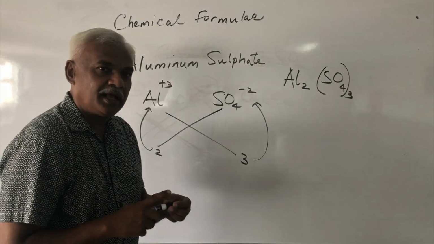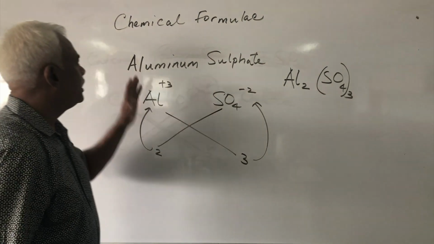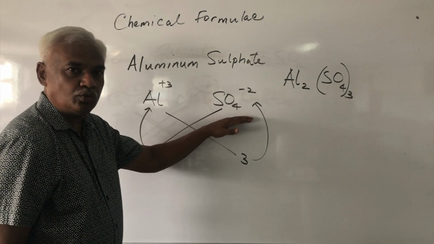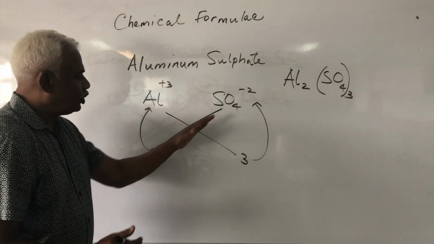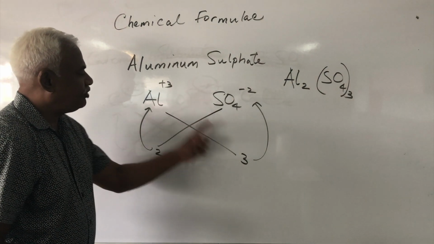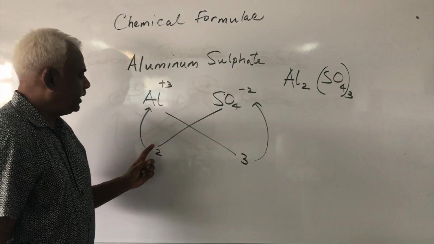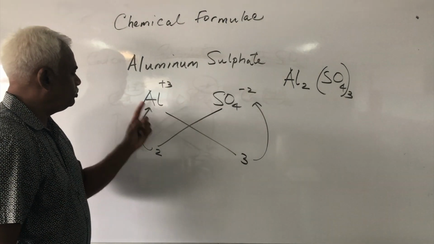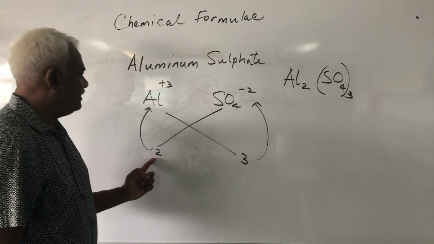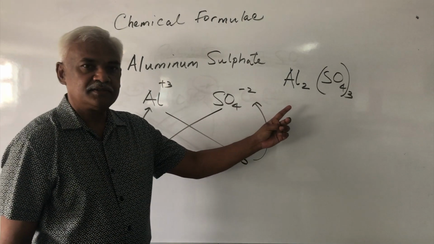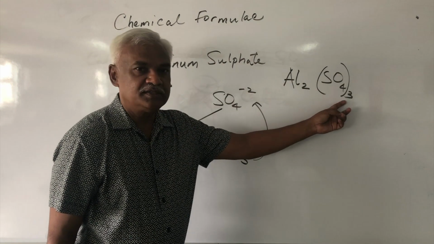Let's look at it again. Aluminum sulfate. Aluminum is +3, sulfate is -2. Rule cross. The number 3 comes here, the number 2 comes here. We link the numbers, 2 and 3. I have 2 aluminums and 3 sulfates.